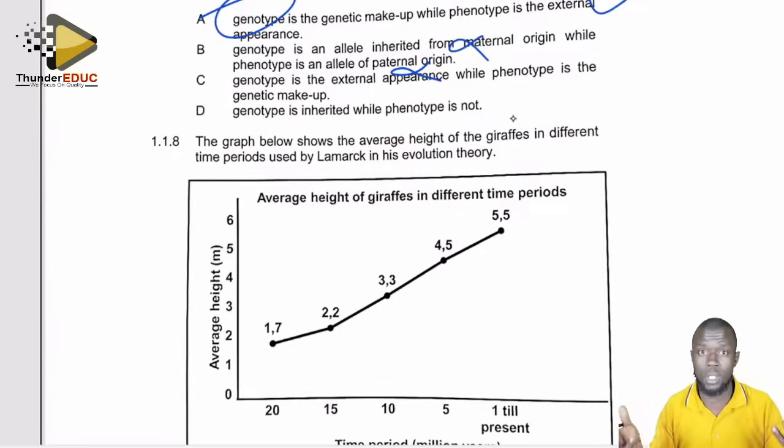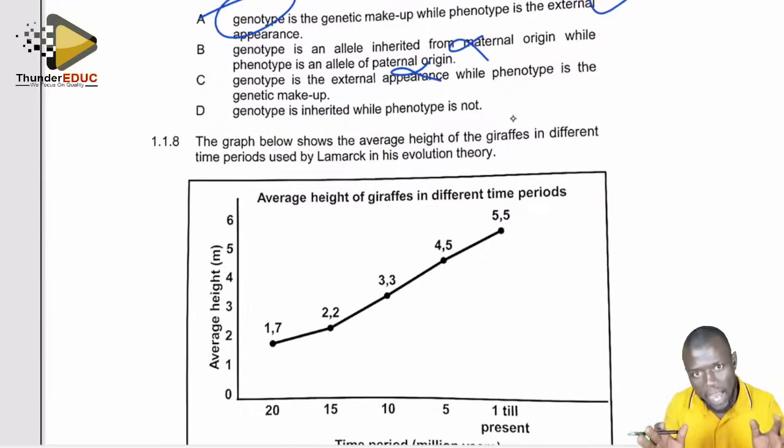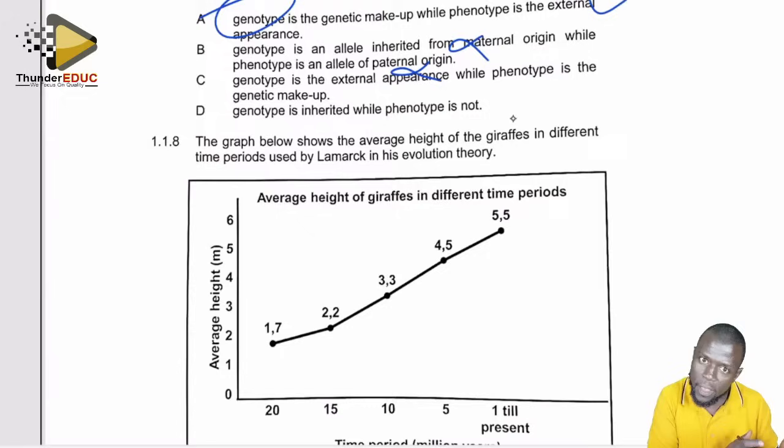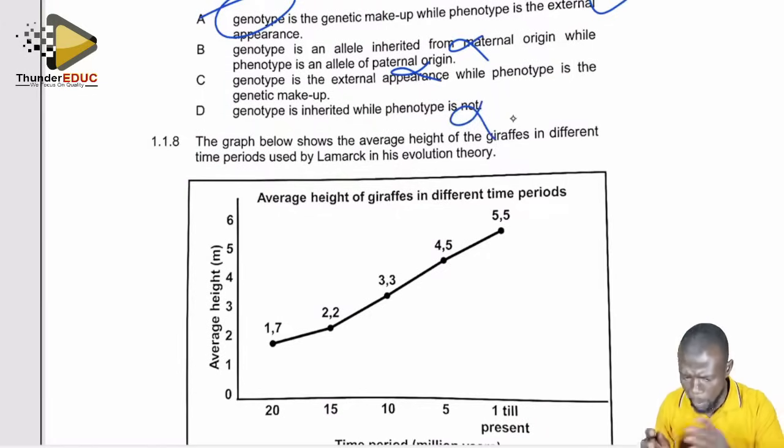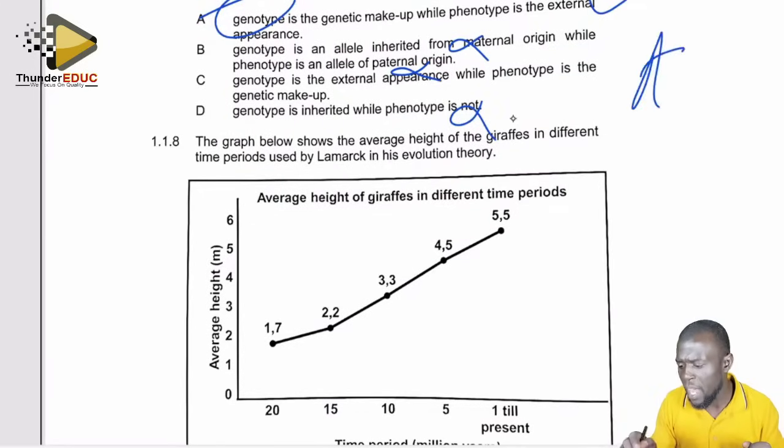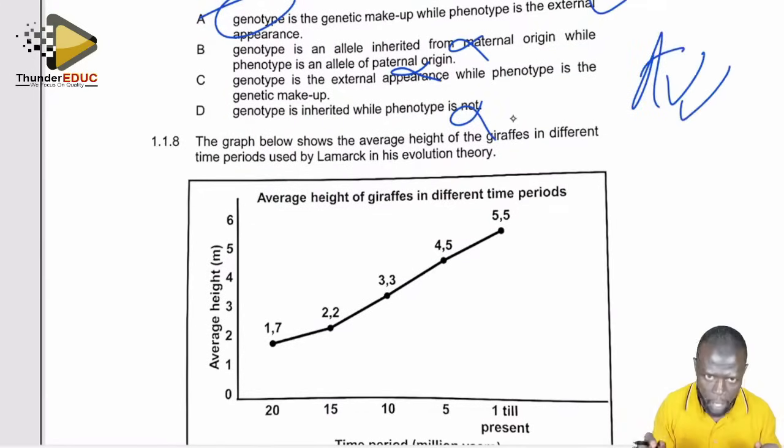The characteristics you have, you obtain them from your father and your mother. So we inherit even the phenotype, because the genotype will determine the kind of phenotype you have, and this genotype you obtain from the mother and the father. So this one is also out. The most correct answer becomes A, and you get 2 marks.